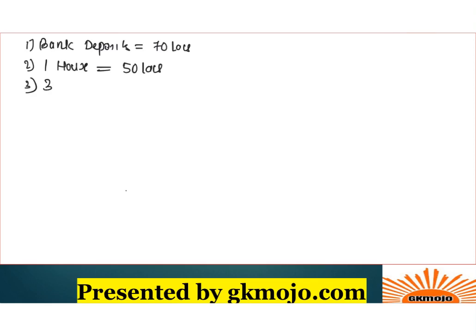And she had three flats where each flat cost 30 lakhs. So the total was 3 into 30, that is 90 lakhs, right? And there were some gold coins. We do not know how many there were, so say there were X gold coins and each one cost 1 lakh. So this was her total property. I hope you have understood this.